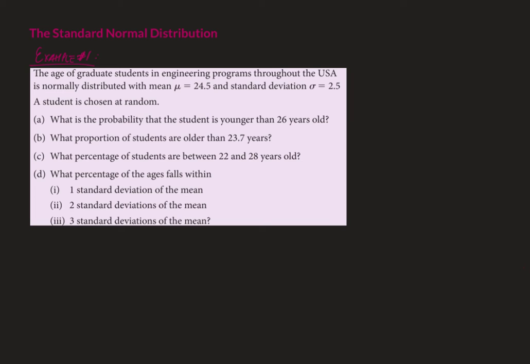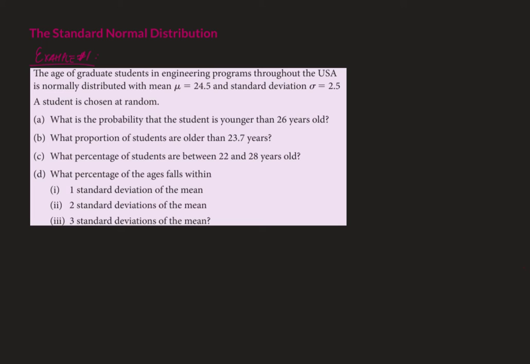Let's consider the first example. The age of graduate students in engineering programs throughout the USA is normally distributed with a mean of 24.5 and a standard deviation of 2.5. A student is chosen at random. What is the probability that the student is younger than 26 years old?